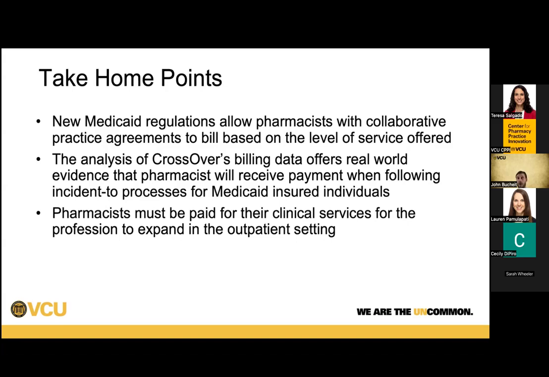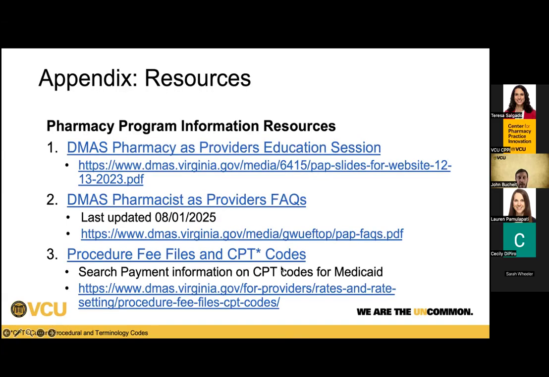If we want to continue to offer more pharmacy-based services in the outpatient setting, we really need to be able to justify having a pharmacist there. And you can do this in a lot of different ways, but having this financial ability in this current fee-for-service market for most places really allows the pharmacist to get paid at that higher rate as long as you're seeing Medicaid insured individuals. So with that, I will be happy to take additional questions.